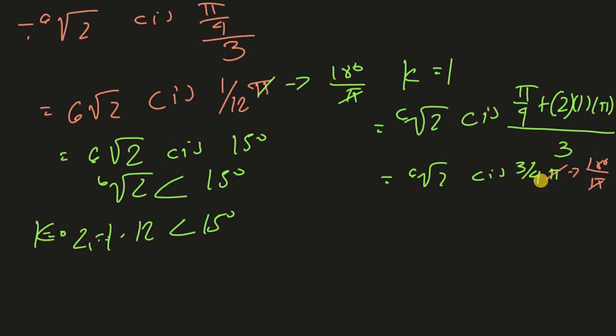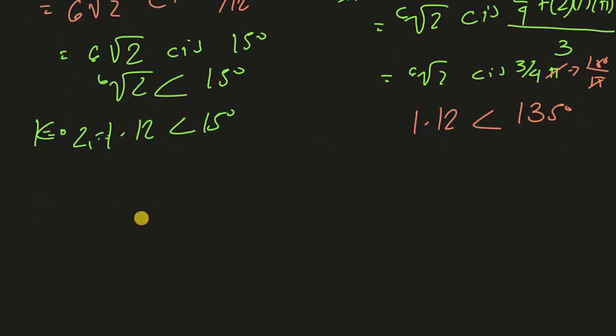Cancel ng pi. So that's 180 divided by 4 times 3. That would be 135. So our final answer would be 1.12 angle 135 degrees. So that's for k sub 1.